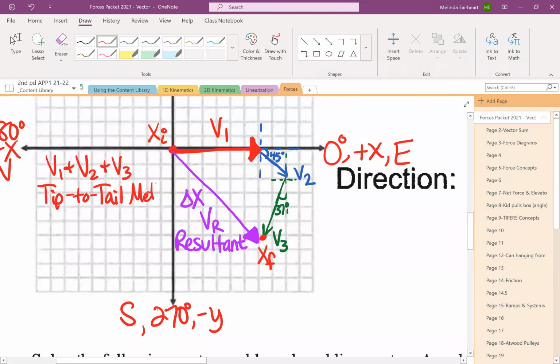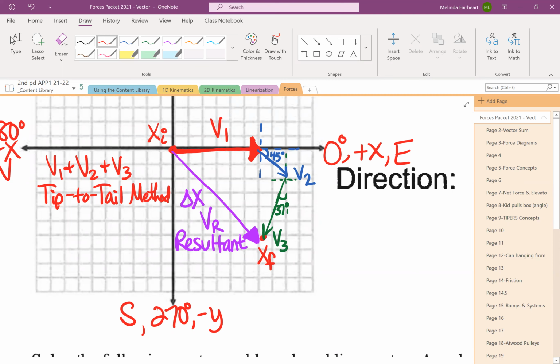And you're like, Mr. Hart, you made that up. That's so silly. I did not make it up. It's a legitimate physics term or process, although some textbooks call it head to tail. That's no big deal, right? But tip to tail means at the tip of the first arrow, you put the tail of the second. We pick up where we left off.